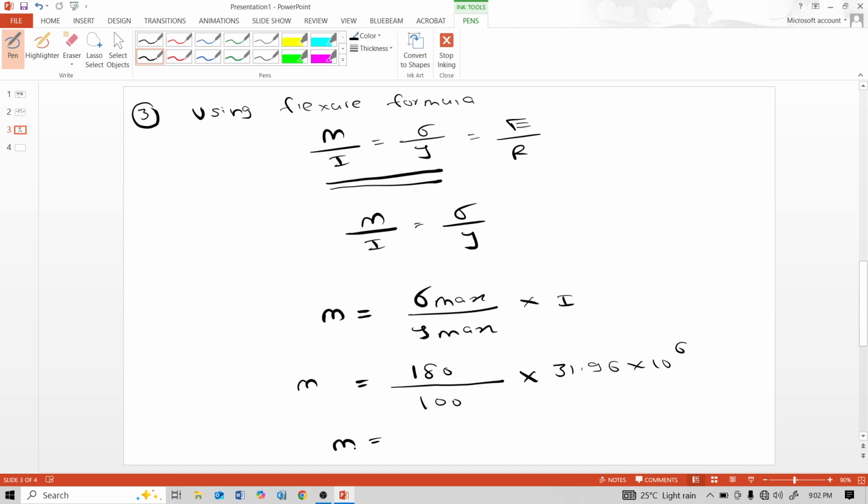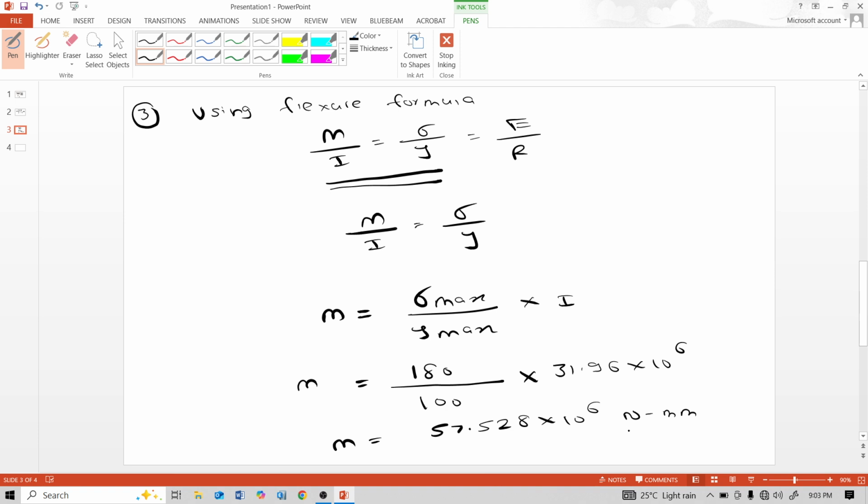So moment of resistance is 180 into 31.96 into 10 raised to 6 divided by 100, which is 57.528 into 10 raised to 6 Newton mm.